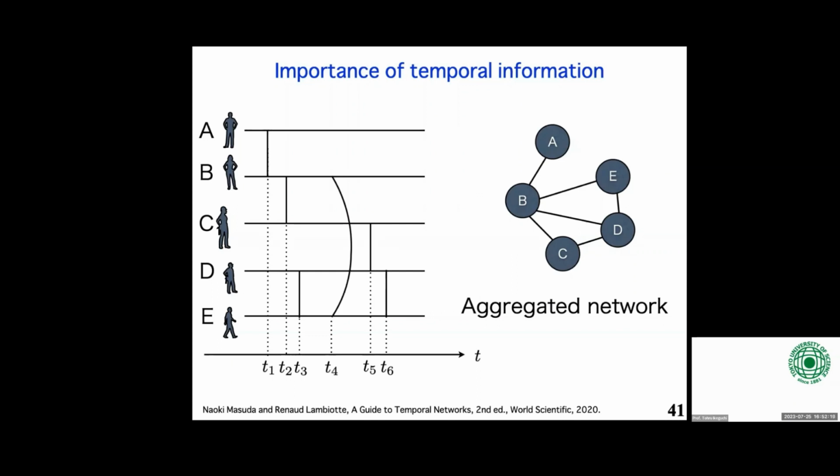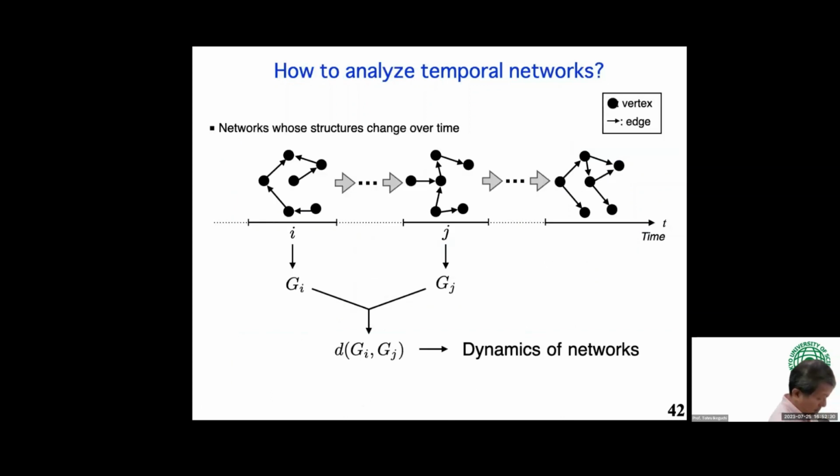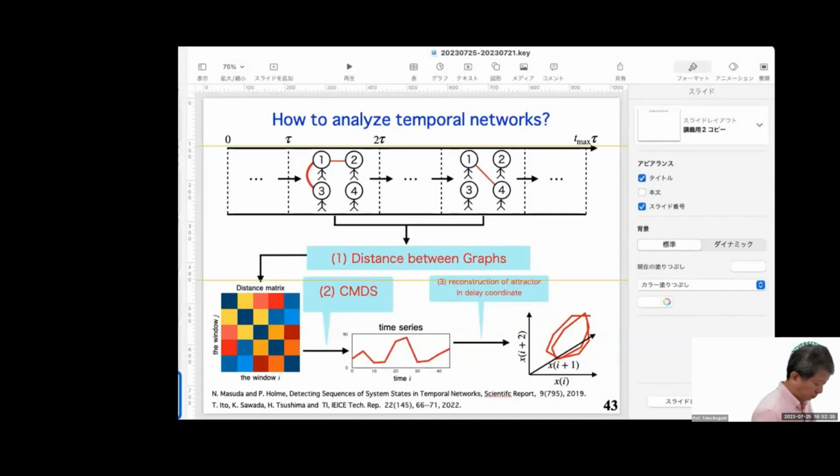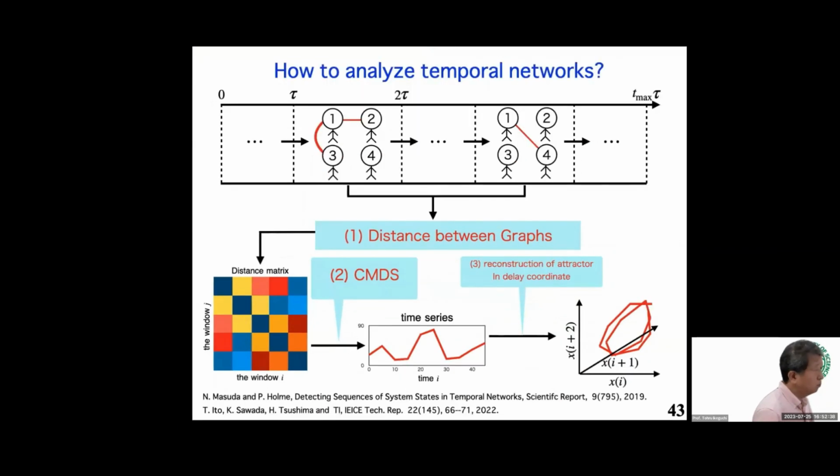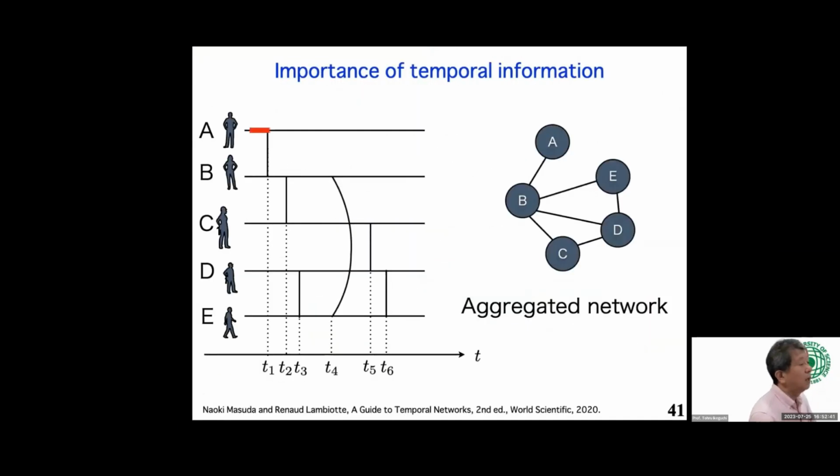Suppose some information is sent from A. This information can be transmitted from A to B, B to C, C to D, and D to E.